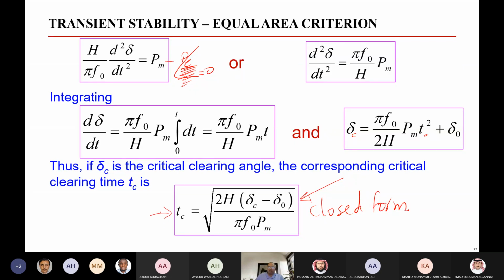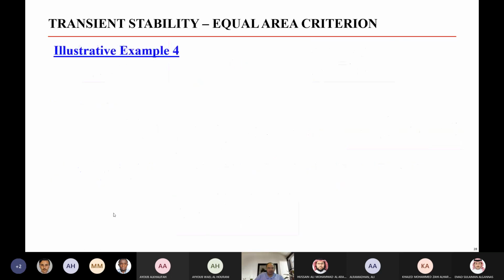This is not always the case. For different types of faults or different locations, it becomes very difficult to get the critical clearing time. You have to solve the equations numerically, and you can get the fault duration after which the system will be unstable. So this is the critical clearing time.